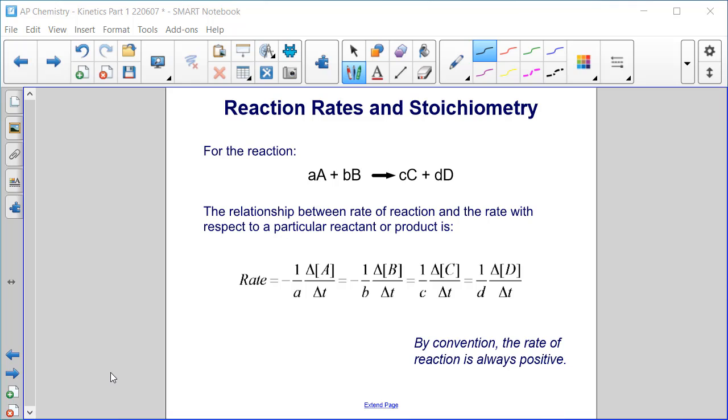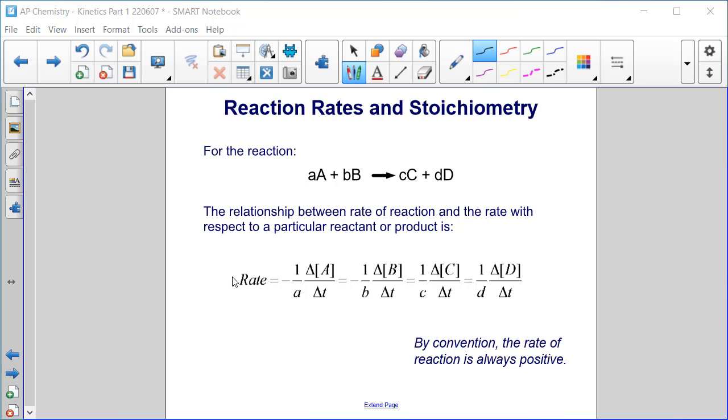All right, so let's look at how we can write these rates for a generic reaction. If I have reactants A, capital A, and capital B, with coefficients lowercase a and lowercase b, that produce product C and capital D, with coefficients lowercase c and lowercase d, the relationship between rate of reaction and the rate with respect to a particular reactant or product would be as follows.